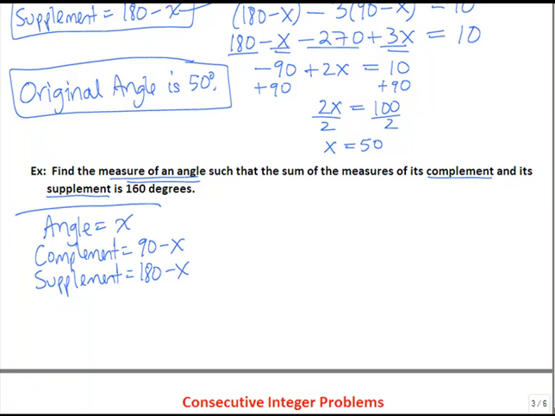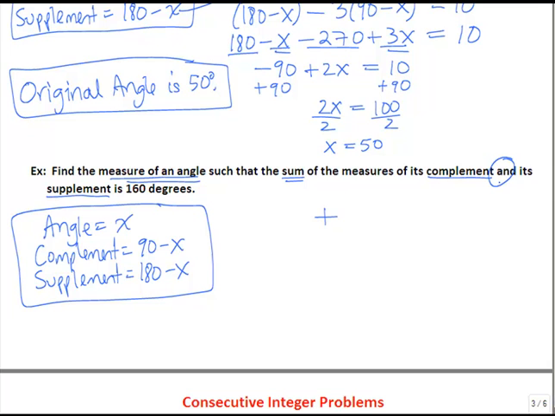So these 3 things are exactly the same as they were in the last problem. That's never going to change. The only thing that's going to change is how we translate this sentence into an equation. So let's do that next. What is it that we want to do? We want the sum, which we know means addition. We want to sum up the measures of its complement and its supplement.